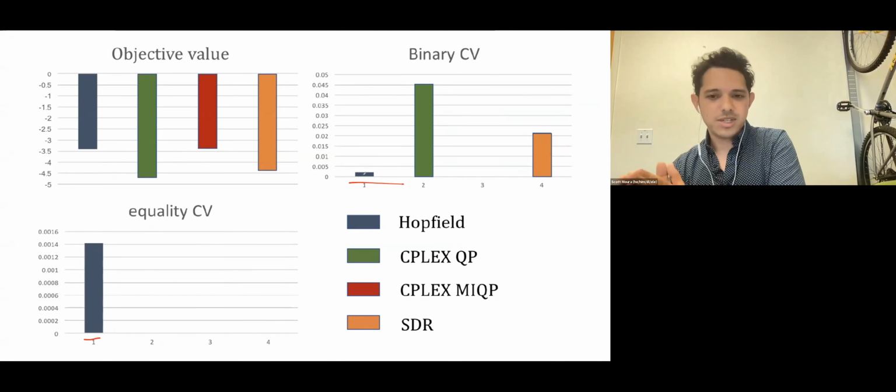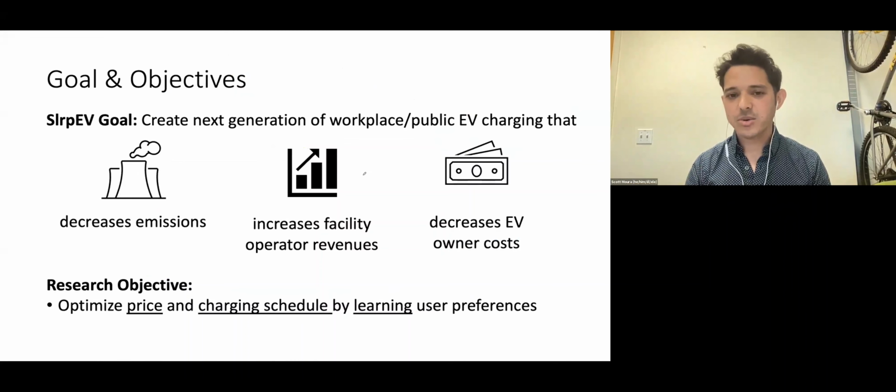Now I want to talk about something totally different, SlrpEV. SlrpEV stands for the Smart Learning Pilot for Electric Vehicle Charging Stations. The goal here is to create the next generation of workplace and public EV charging that decreases emissions and helps break some of the economic problems with deploying workplace and public EV charging, which today almost uniformly is not economic.